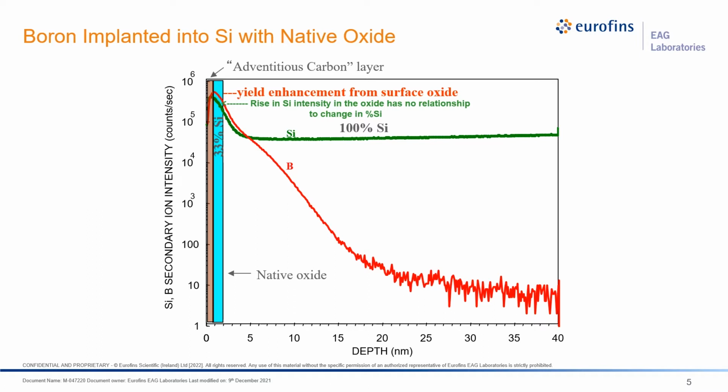This is an example of a boron implanted silicon material. We're plotting the silicon intensity. We're looking at a secondary ion intensity. And in the bulk of the silicon, we have a flat silicon line. But as we approach the native oxide, as all silicon samples have, the silicon intensity goes up.